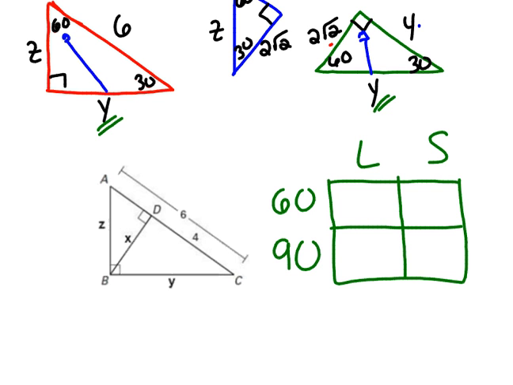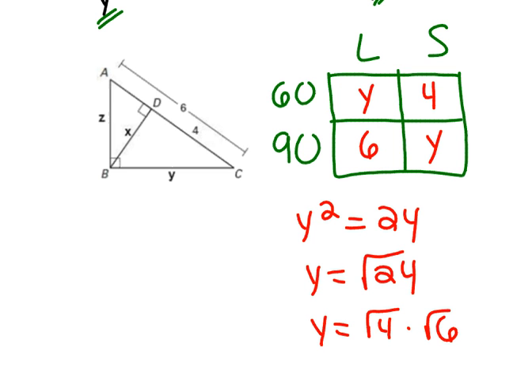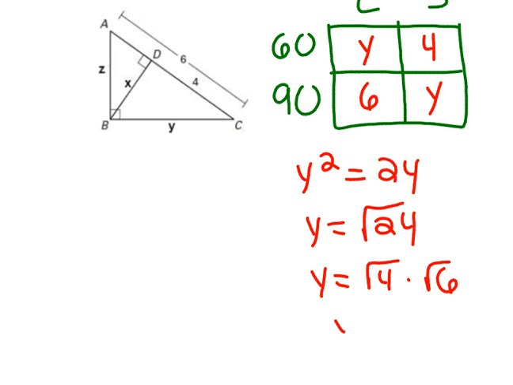So in a large triangle, we'll have y, and we'll have 6. In my small triangle, I'll have 4 and y. So we get y squared equals 24. y equals the square root of 24. y is the square root of 4 times the square root of 6. So I guess we didn't change any numbers. y is going to equal 2 square root of 6.